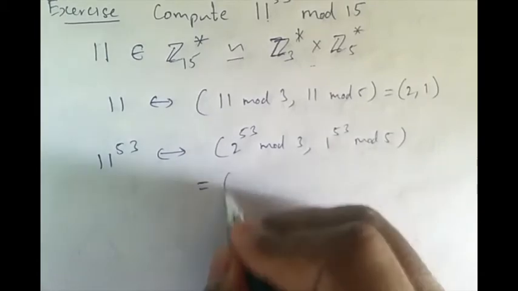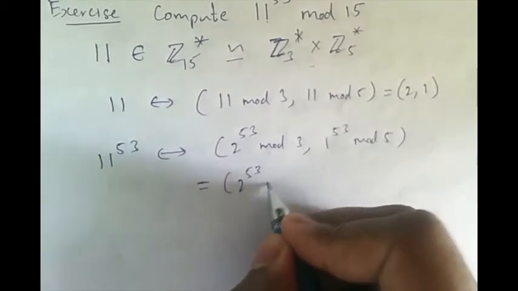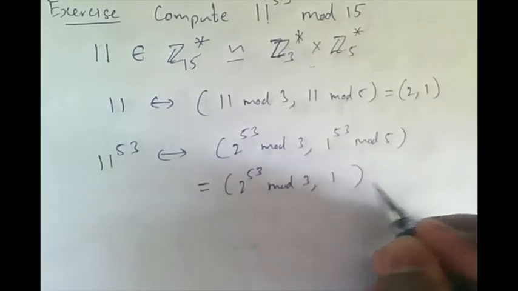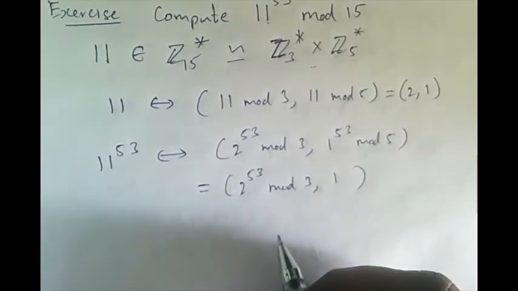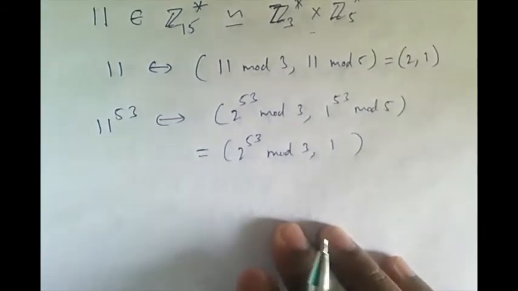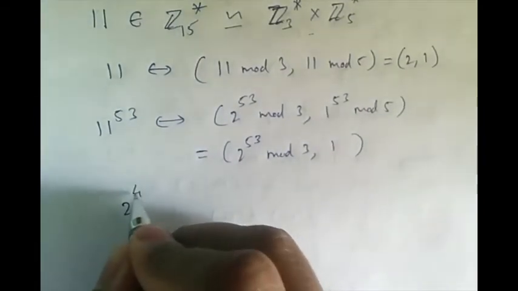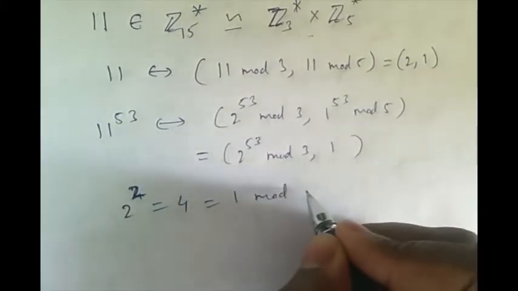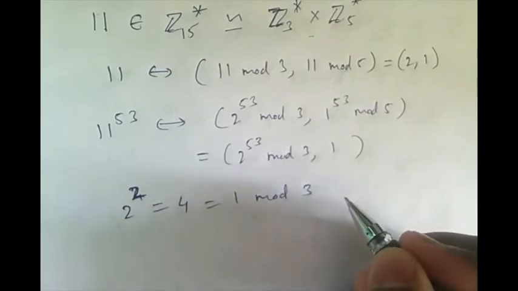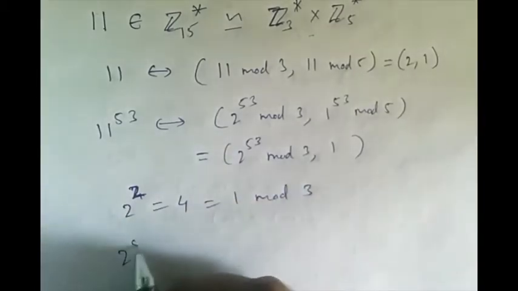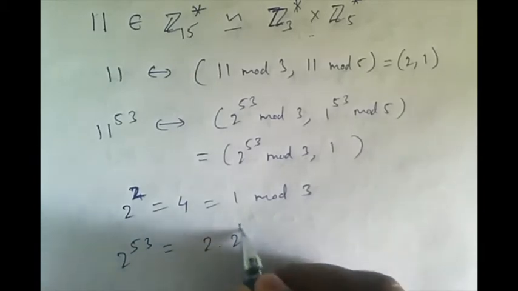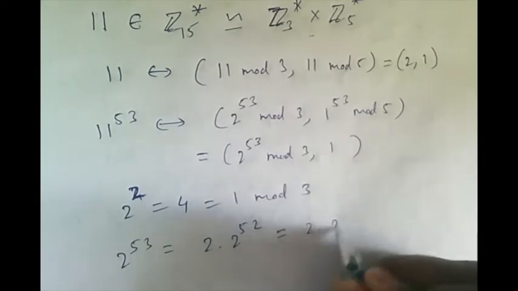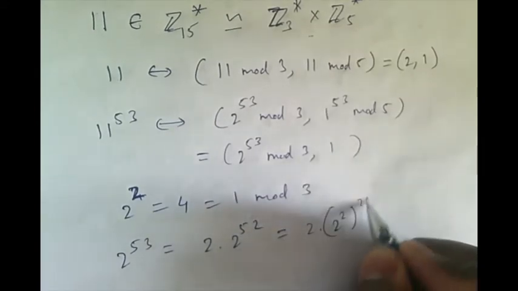So I need to compute 2 raised to 53 mod 3, and 1. So I need to compute this. This is already done. To do this, note that 2 squared is 4, which is 1 mod 3. So now 2 raised to 53 is 2 times 2 raised to 52, which is 2 times 2 squared raised to 26 mod 3.